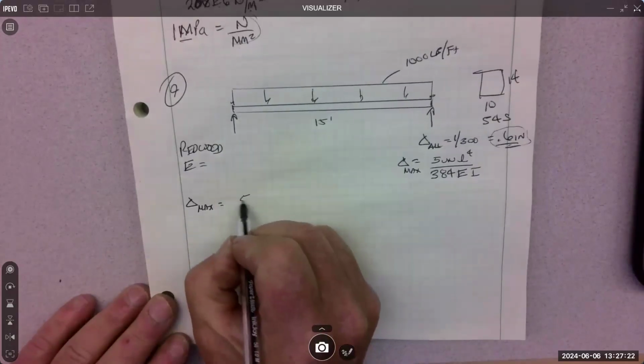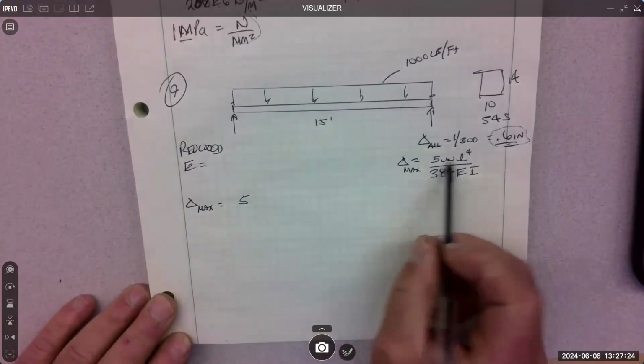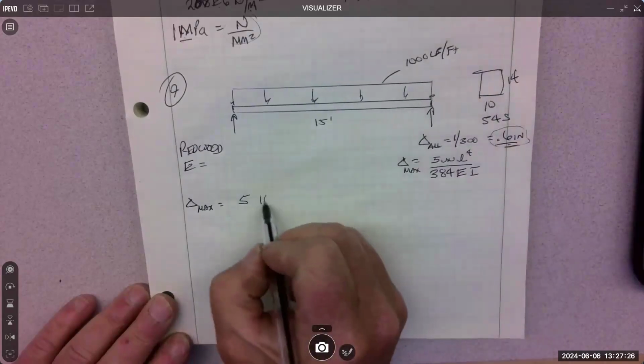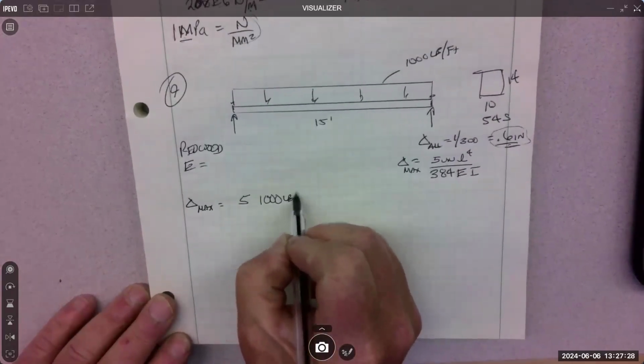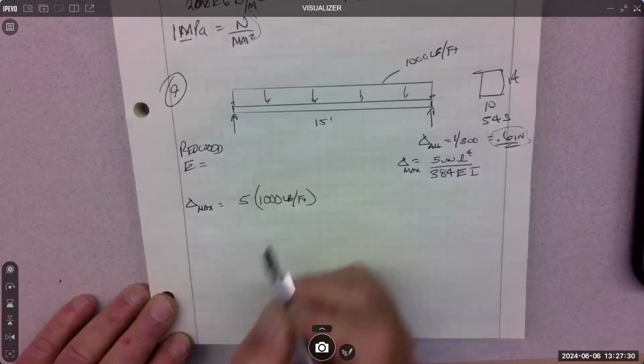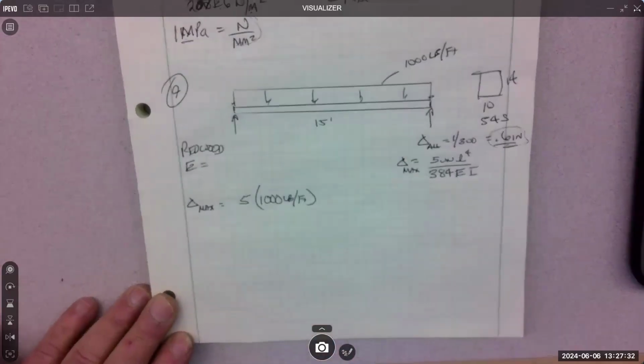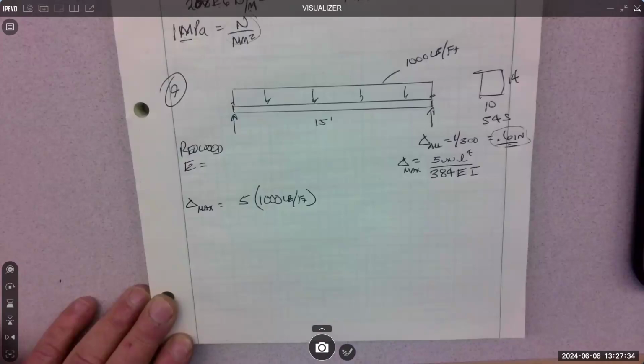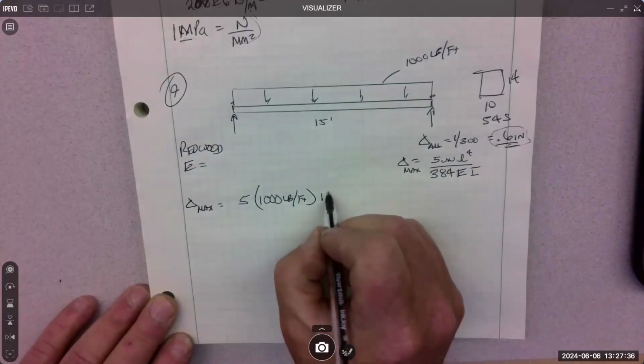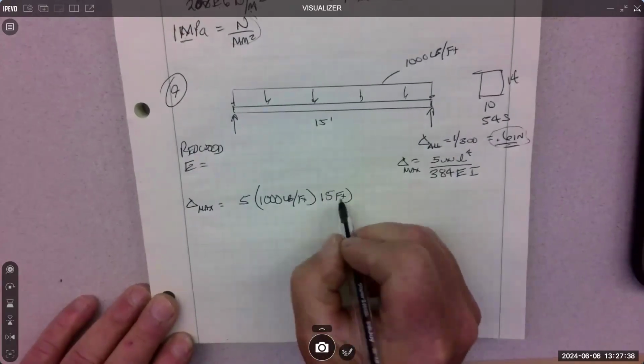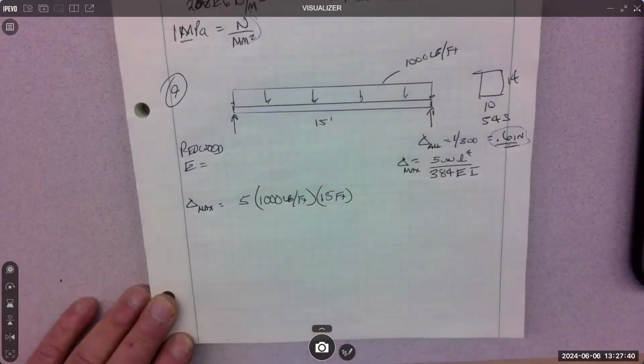All right, so it's 5, what's W? 1,000 pounds per foot. That's W. What's L? 15 feet. I'm gonna leave that in feet because I want those two to cancel.